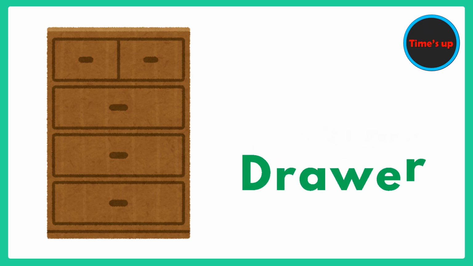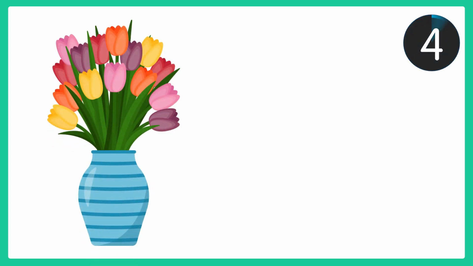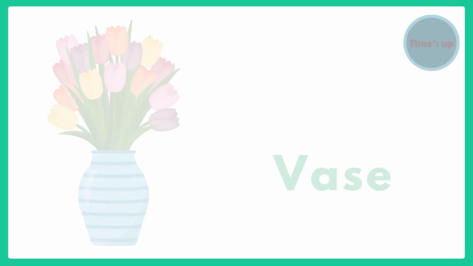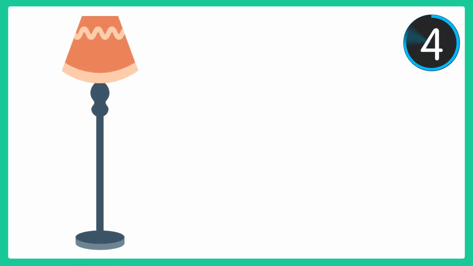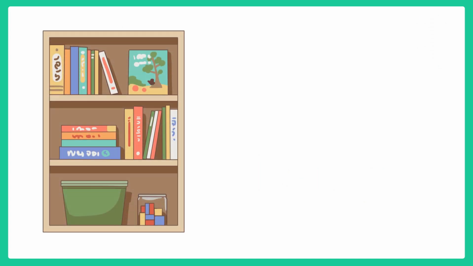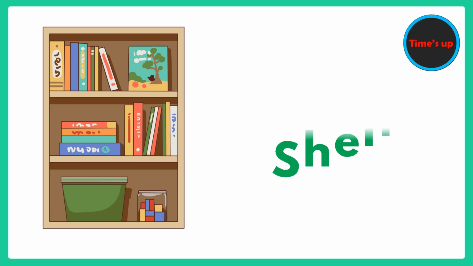It's a drawer. What is this? It's a vase. What is this? It's a lamp. What is this? It's a shelf.